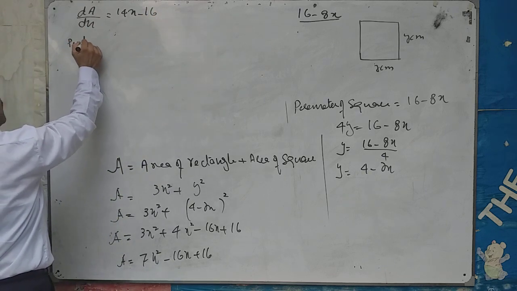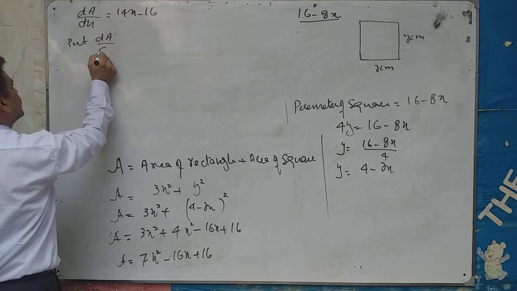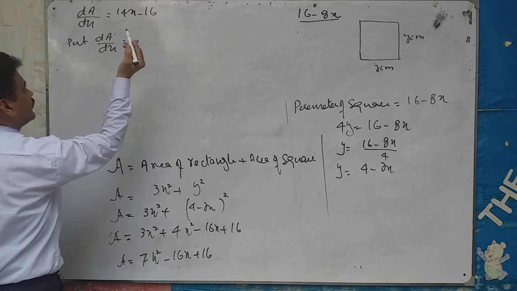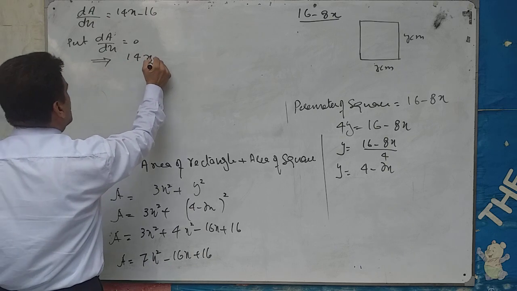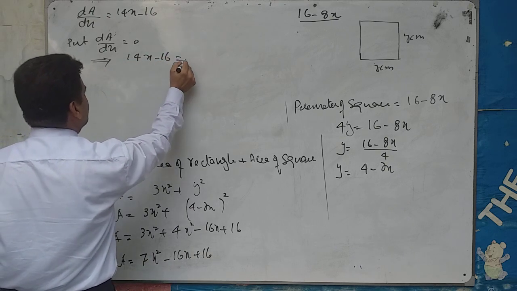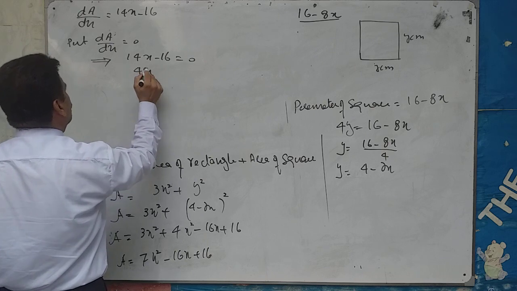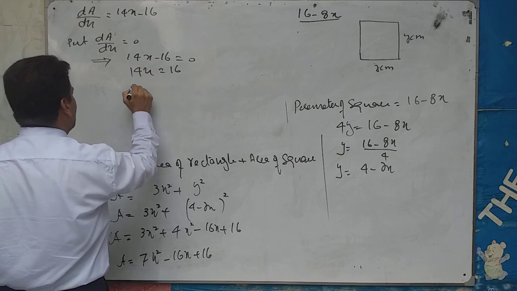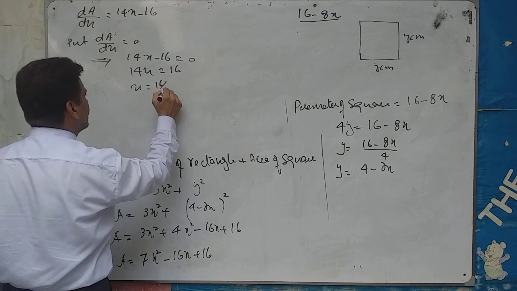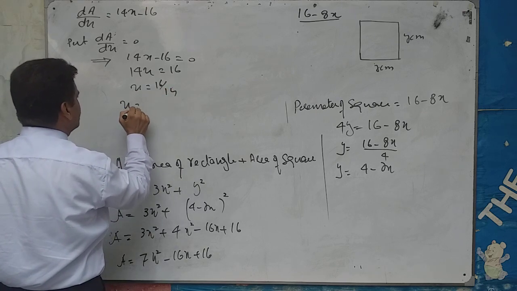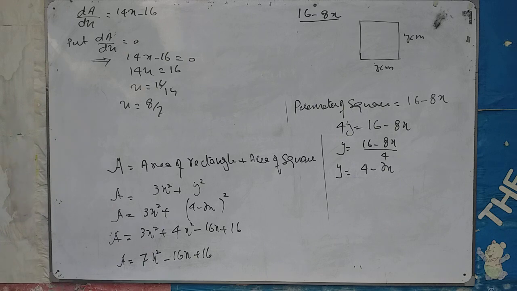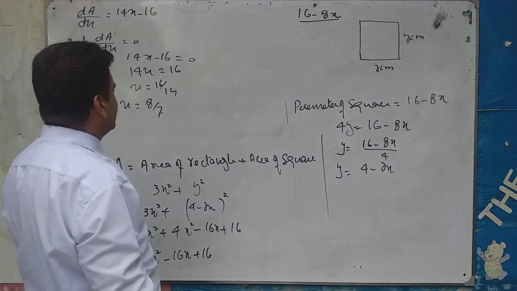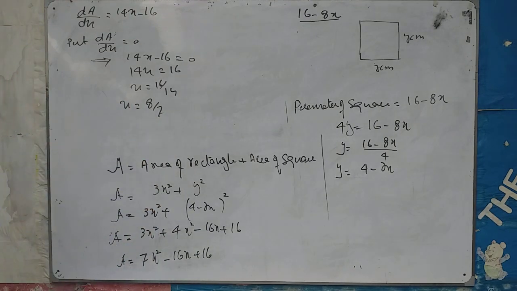Put dA by dx equal to 0, which implies that 14x minus 16 is equal to 0. We get 14x is equal to 16 and x is equal to 16 by 14, which means x is equal to 8 by 7.